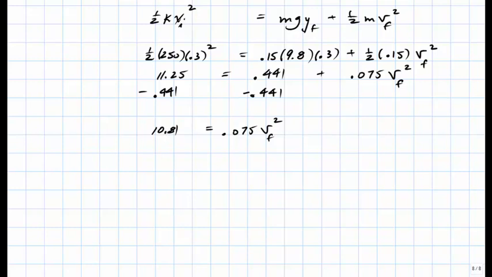If we divide both sides by 0.075, we obtain 144.1 equals V final squared, and by taking the square root, V final equals 12 meters per second.